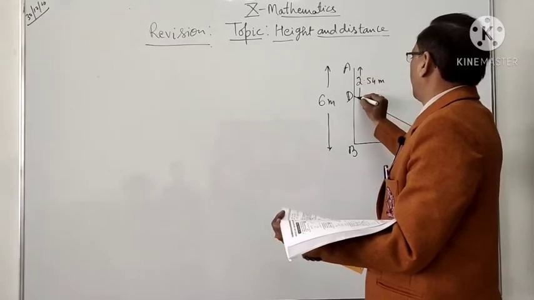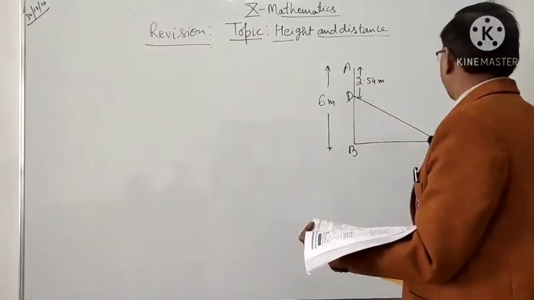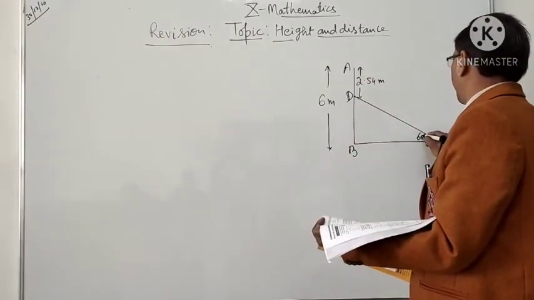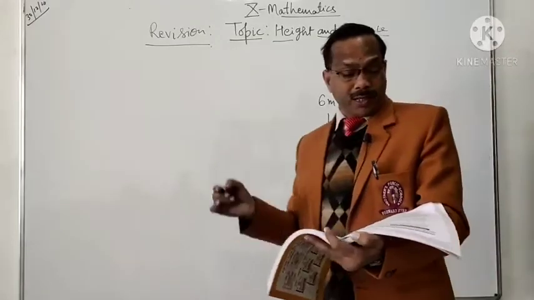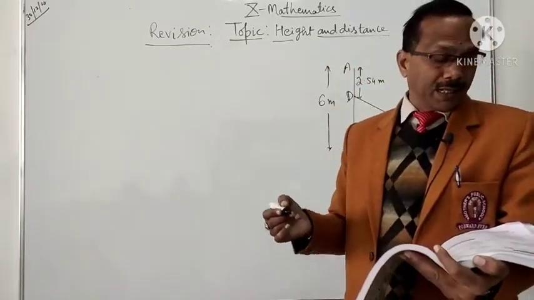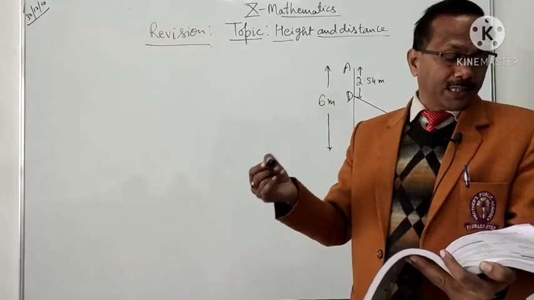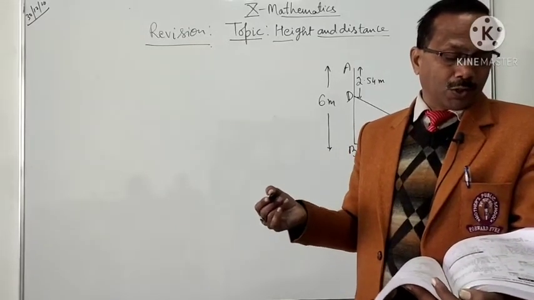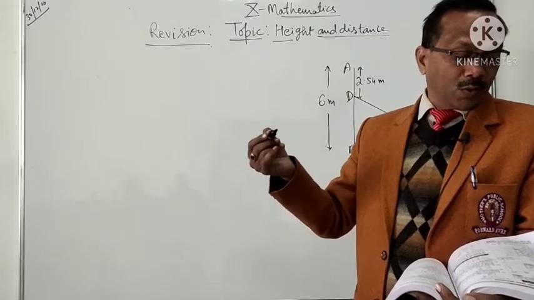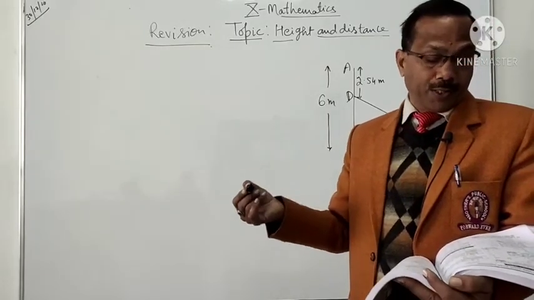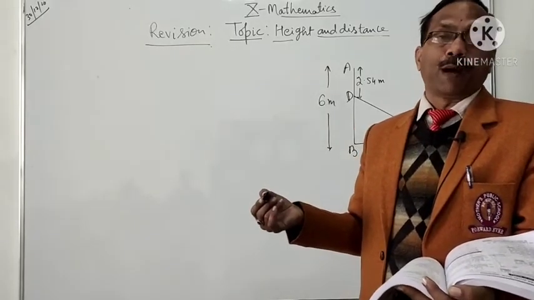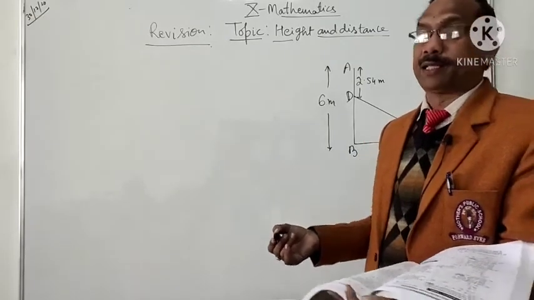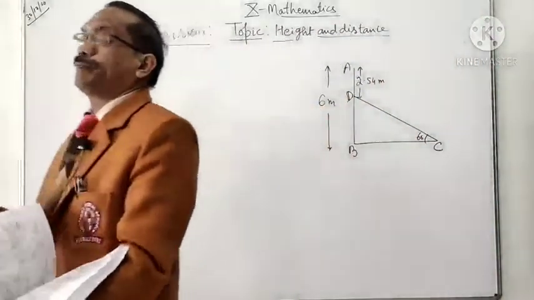This angle is 60 degree. So in the figure, AB is a 6 meter high pole, CD is the ladder inclined at angle 60 degree to the horizontal and reaching up to a point D of the pole. If AD is 2.54 meter, find the length of the ladder.